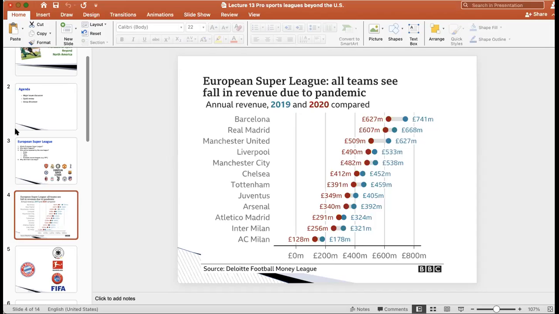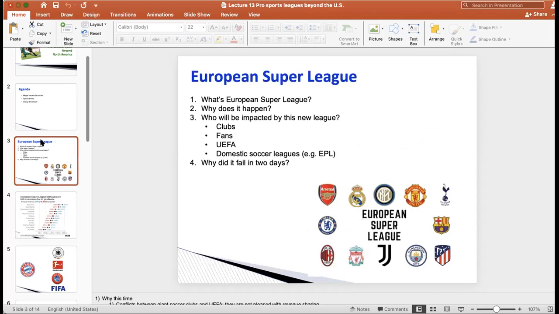That's one reason. The second reason is that UEFA, just a few days ago, possibly 10 days ago, decided to expand the Champions League from the current 32 teams to 36 teams, which means more teams will come to share revenues. The revenue shared among the teams will be less than before.